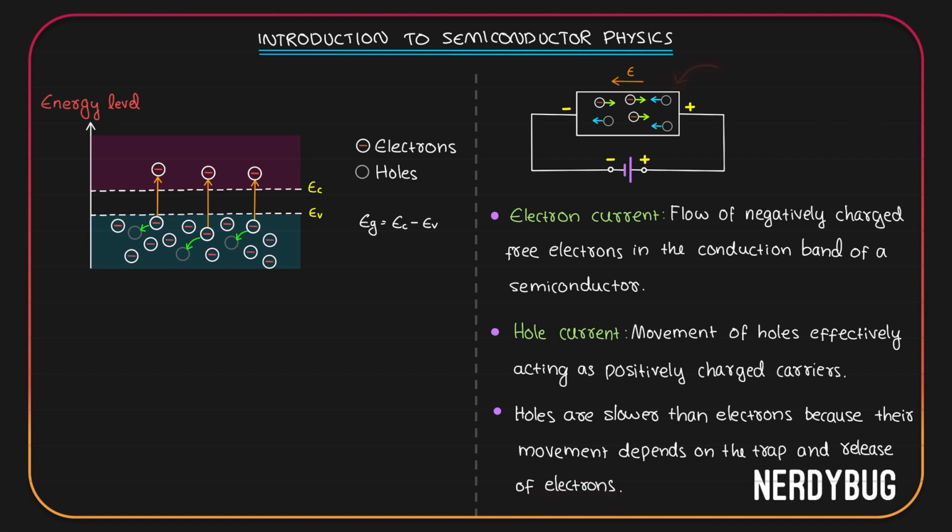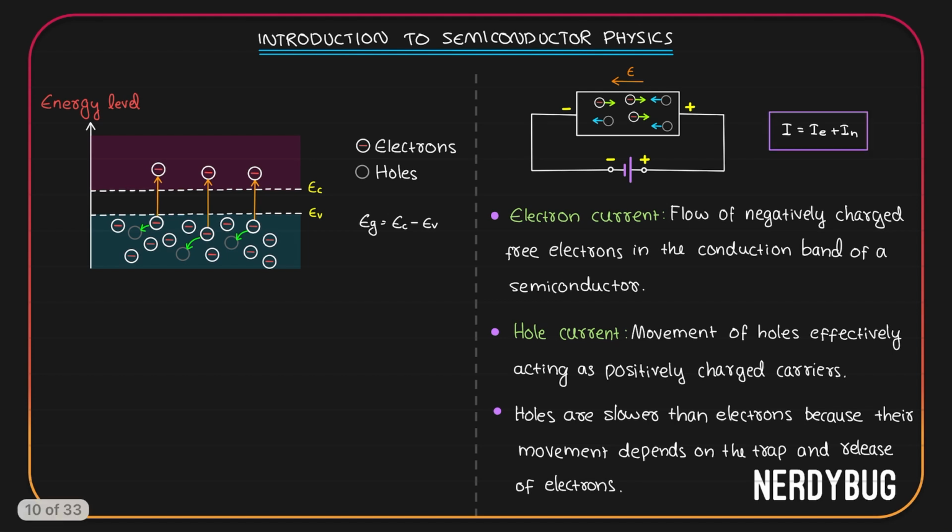Let's go back to the circuit again. Electrons are moving to the right side, that makes a current towards the left side. Holes are moving to the left side, since they are positive, they give rise to a current towards the left side. So we can write the total current is I_E plus I_H, that is the sum of electron current and hole current.